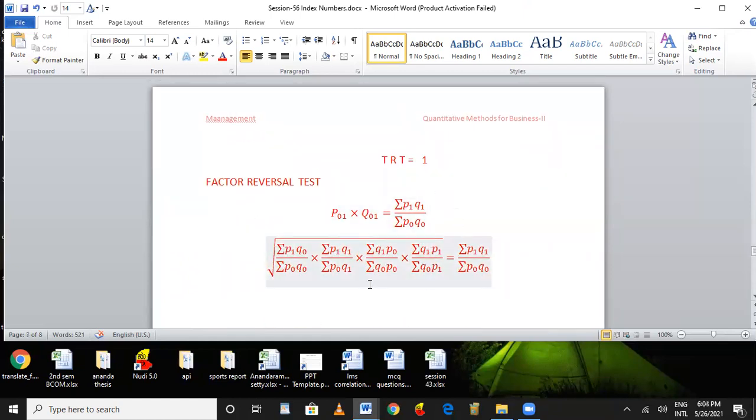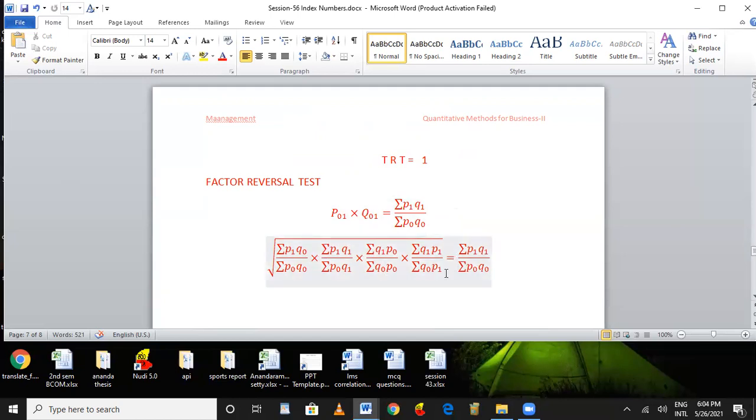Then we shall see in the same way the factor reversal test. In the factor reversal test, P01 into Q01 is equal to sigma P1 Q1 divided by sigma P0 Q0. Here we reverse the factors: in the place of P, Q is replaced, and in the place of Q, P is replaced.